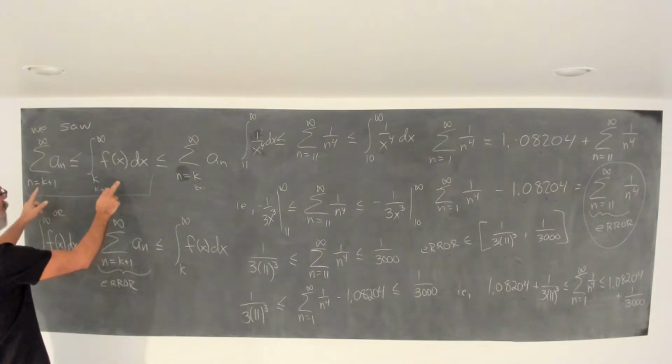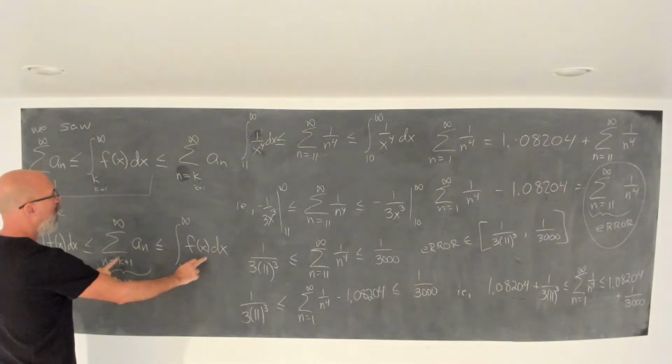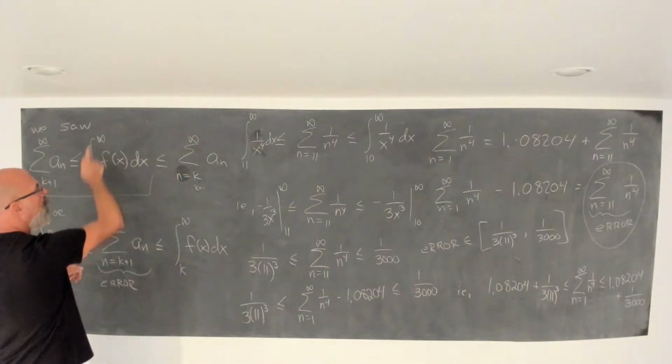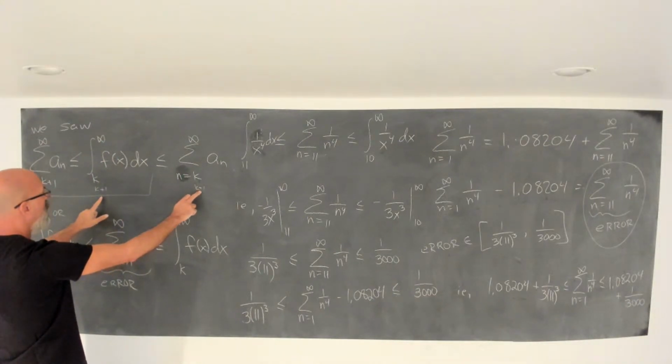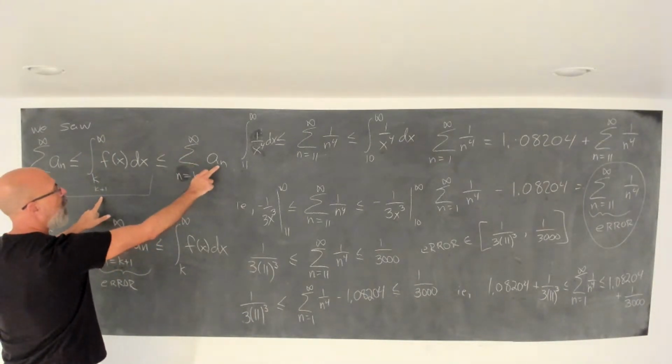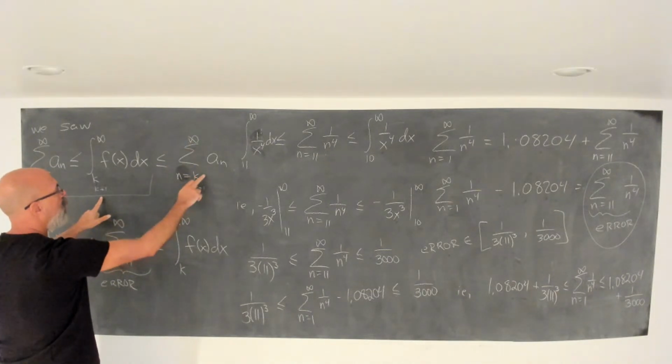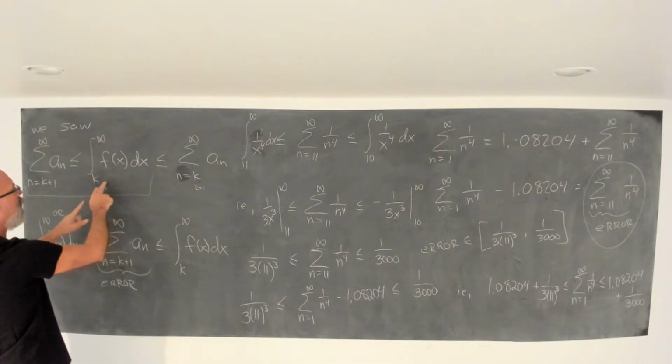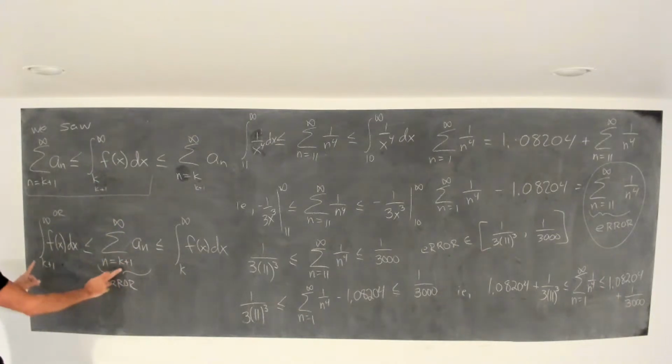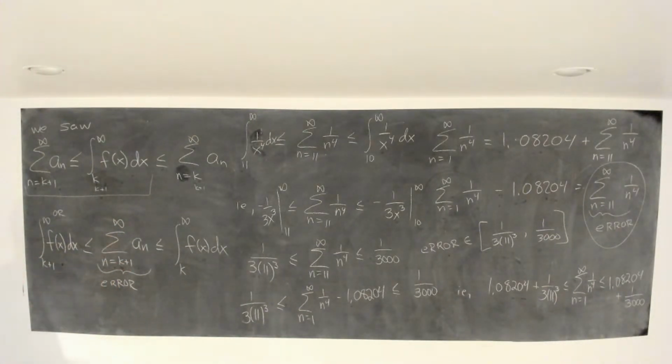So I've rewritten this part right here, and then concentrate on this inequality, but replace k with k plus 1. So you get the sum from k plus 1 to infinity is bigger than or equal to the integral from k plus 1 to infinity, and that's exactly what I have here. All right, let's see another example.